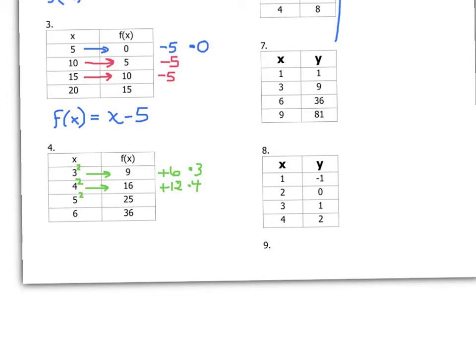If 5 was squared, 5 times 5 would give me 25. So I found the pattern. That's one of the ones where exponents help out. So the function of x would be x squared.